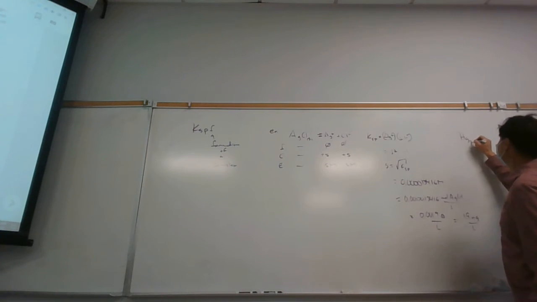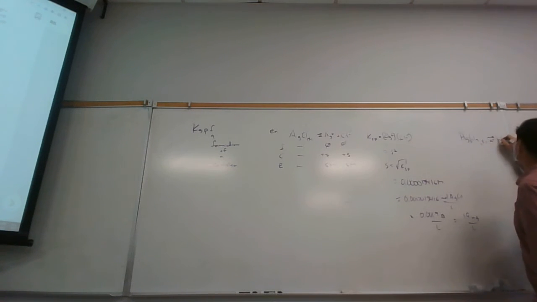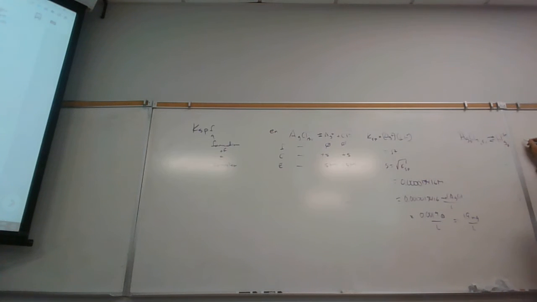So mercury 1 chloride would be Hg2Cl2 solid, and that goes to mercury 1 ions, which are Hg2 2+, and 2 chloride ions here. And we could set up an ICE table, although it's not totally necessary. This is going to be plus S plus 2S, so we get S molar and then 2S molar here. So the Ksp expression is going to be a bit different. It's going to be the concentration of the mercury 1 times the concentration of chloride squared. So this is going to be S times (2S) squared, which is going to give us 4S cubed.